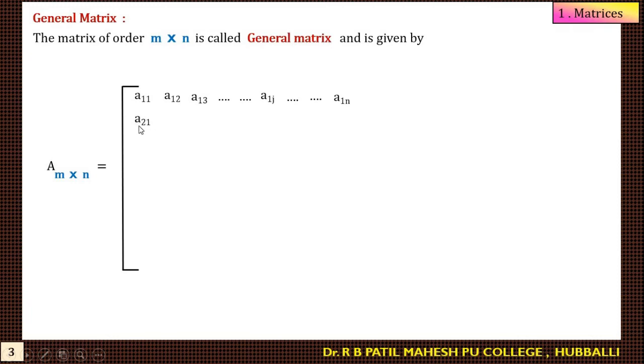The next row is written like this: A21, A22, A23, and so on, A2j, and so on, A2n. Third row: A31, A32, A33, and so on, A3j, and so on, A3n.